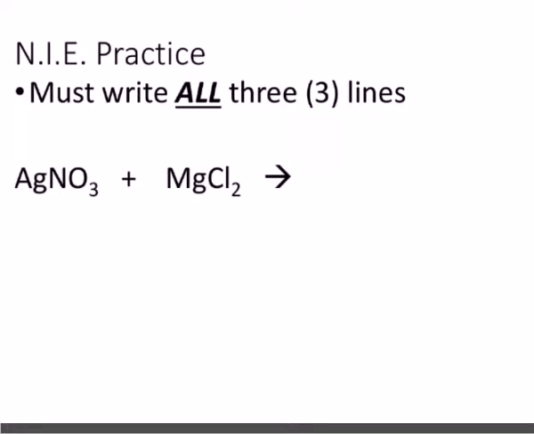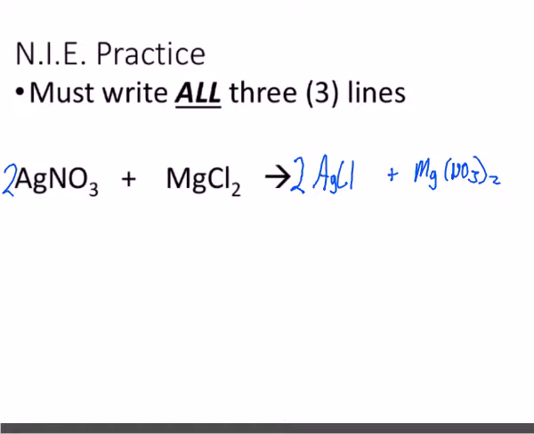All right? First things first, predict your products. Okay? Part of the first step, guys, is getting your new products, balancing it. But what else do we have to have with all of our states of matter? With all of our substances, what do they all need? We need a 2 for the AGM. Oh, yeah, I need a 2 right here as well. Good call. But what else are we missing in our equation? States of matter.